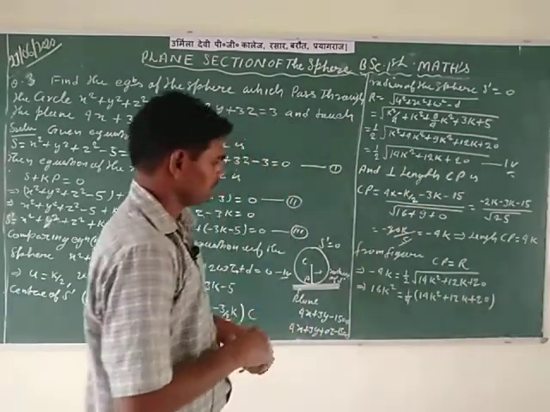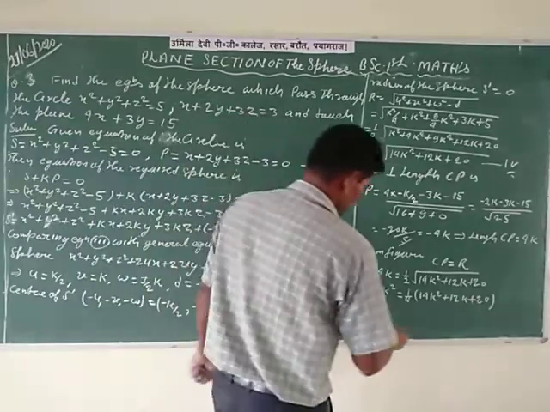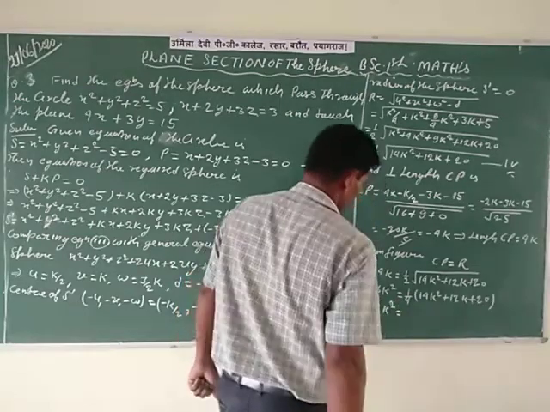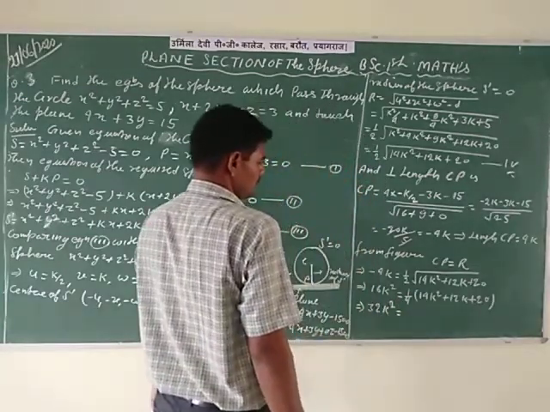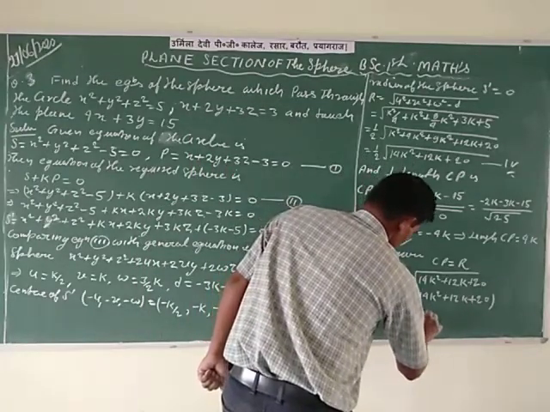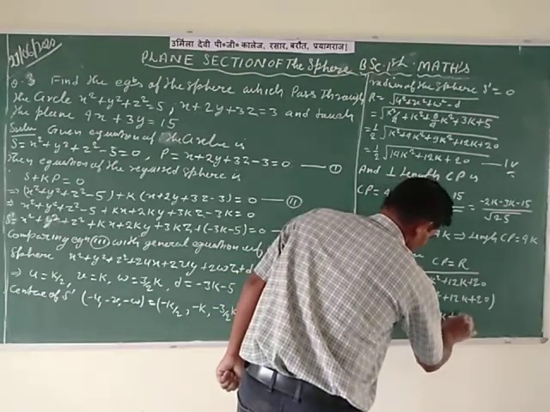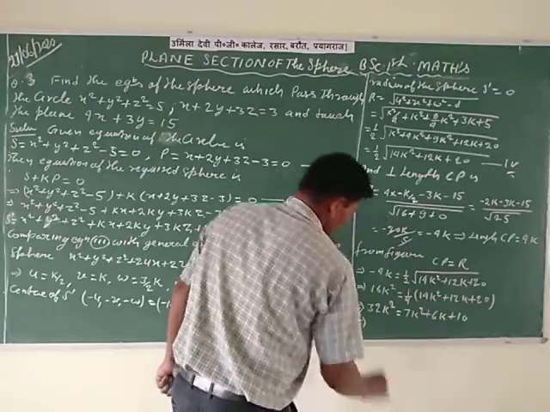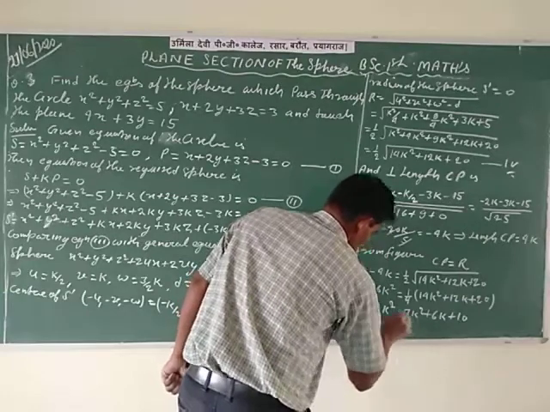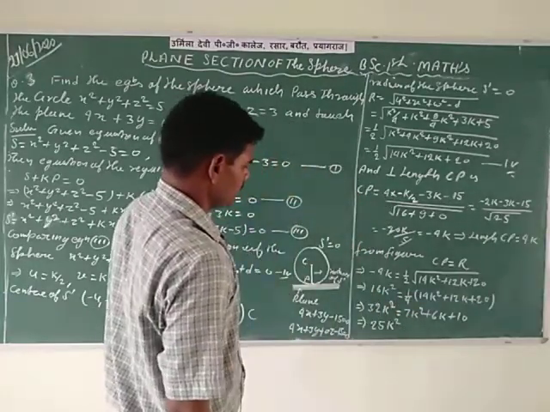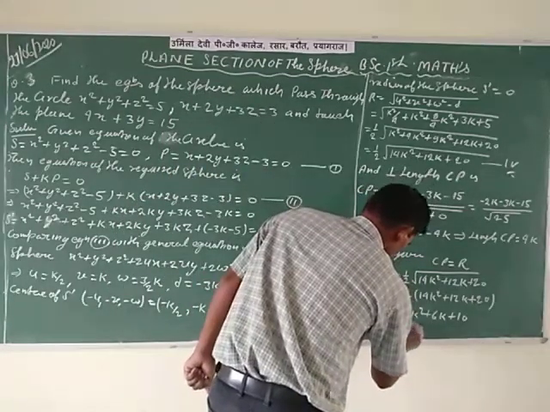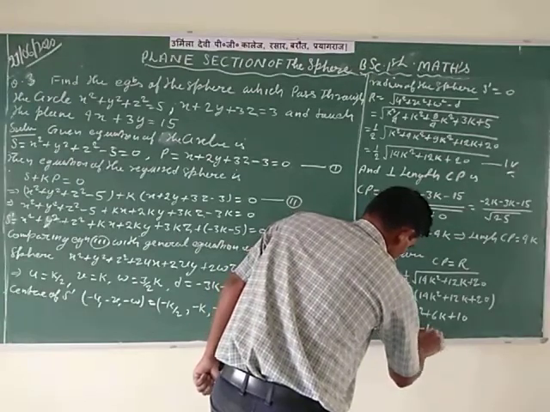Here 2 is taken from the bracket and cancels, so 32k square is equal to 7k square plus 6k plus 10. After simplification, 25k square, since 32 minus 7 is equal to 25, minus 6k minus 10 is equal to 0.